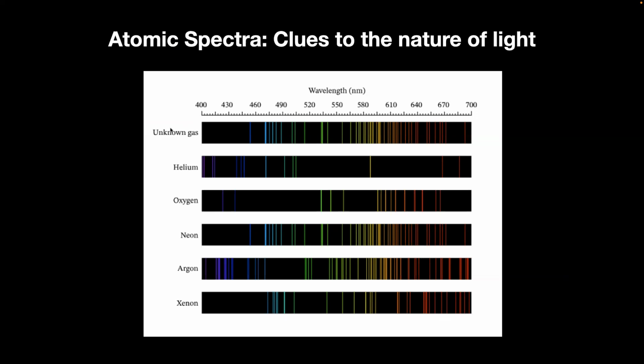We have an unknown gas here, but this is different from helium. This is the spectrum of helium. Again, we have discrete lines. Oxygen has yet another different spectrum, as do neon, argon, and xenon. They have different fingerprints. So what does this mean for light?